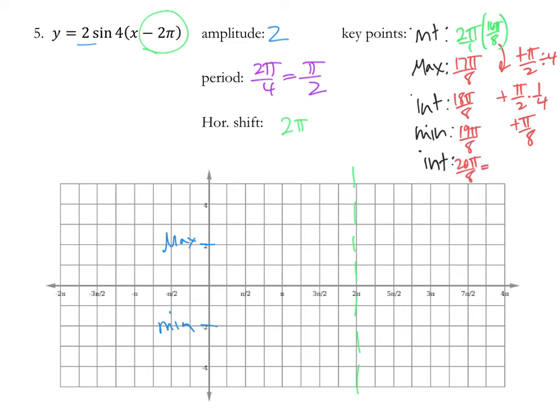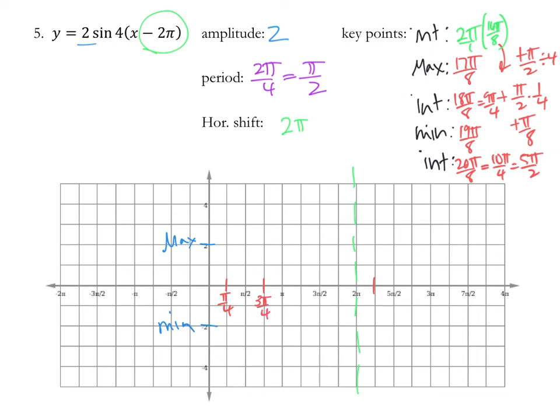So these couple reduce. This will reduce by 10 pi over 4, 5 pi over 2, and this is 9 pi over 4. So if we mark these, I'm going to start back here. Remember, pi over 4s go up by odd amounts.